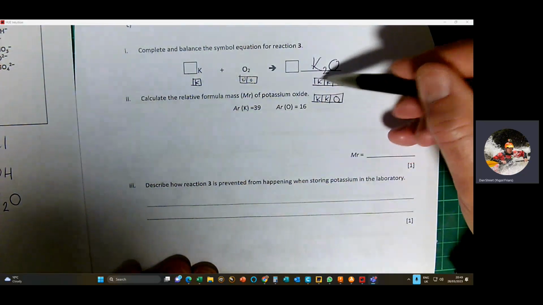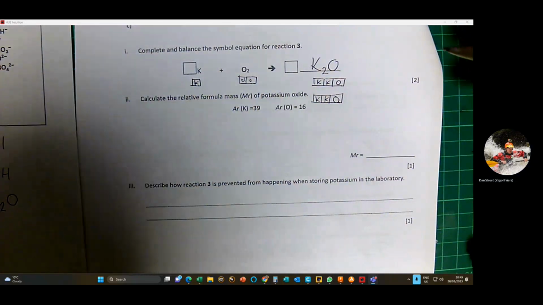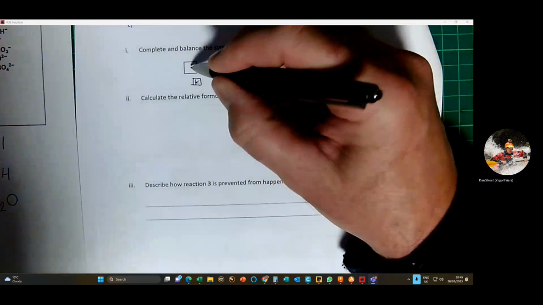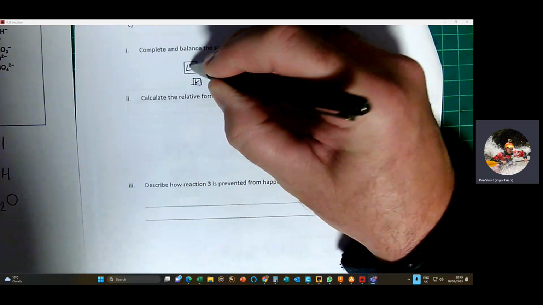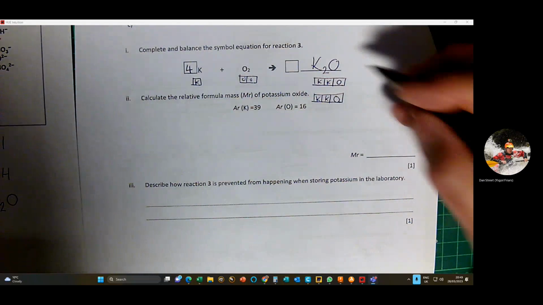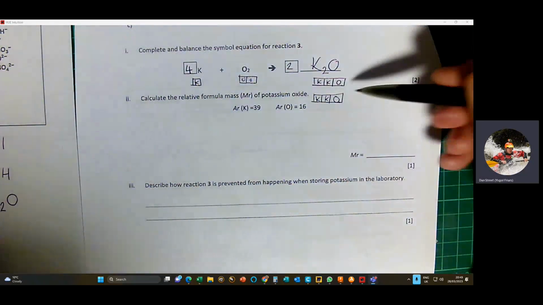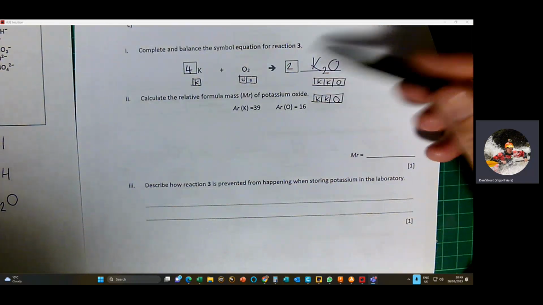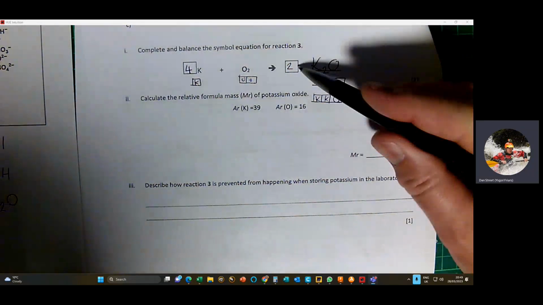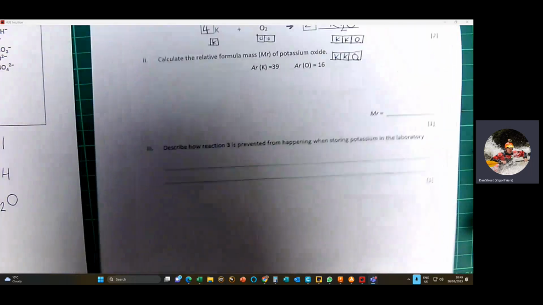We've now got 4 potassiums altogether. Okay. So we will need 4 there. And we'll need a 2 here. Okay, so that we've got the balances basically. Okay, so the 2 represents the 2 boxes, the 2 box diagrams.